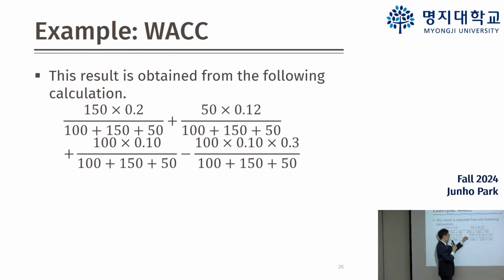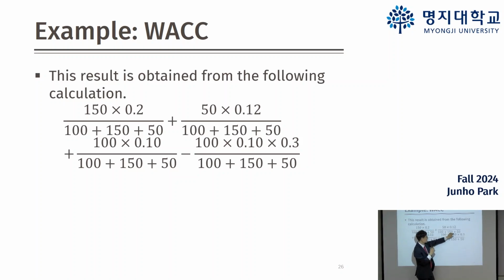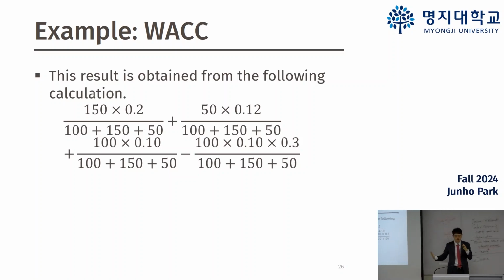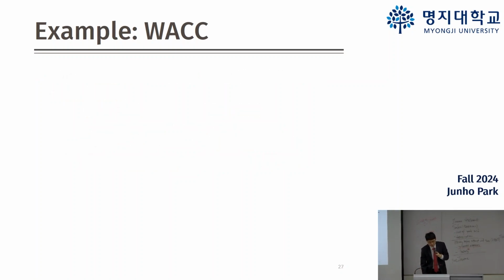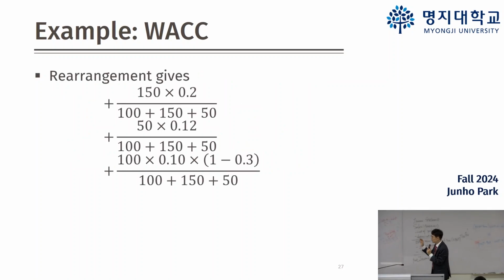However, there are tax savings. $100 debt, 10% interest rate, and 30% tax rate. So these are the tax shield effect. And adding these four, and you divide this all with 300, which is the size of total assets. So now it can be rewritten like this by combining the last two terms.